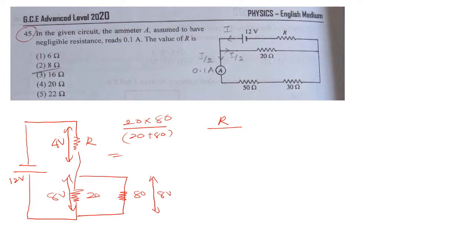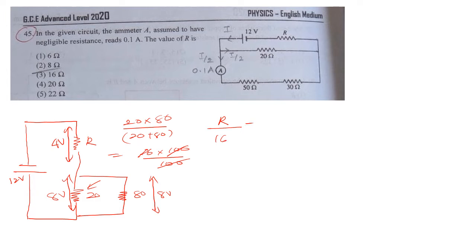So 20 into 80 is 1600 divided by 100, no? So 16 into 100 divided by 100. So 100 cancels off, and the equivalent resistance is 16 ohm.